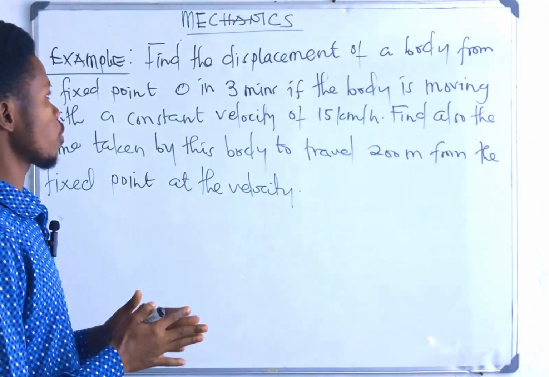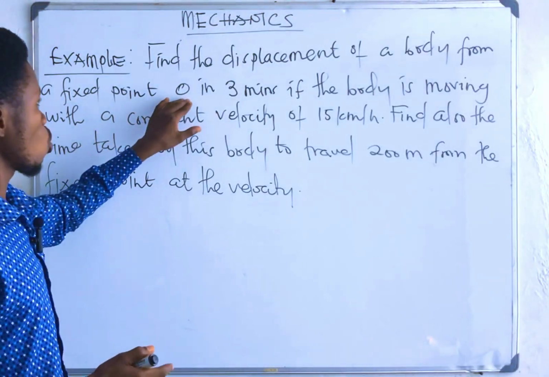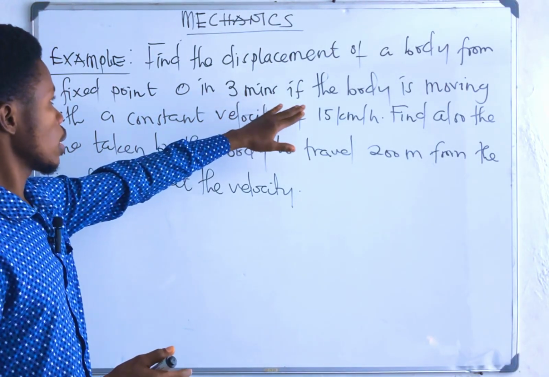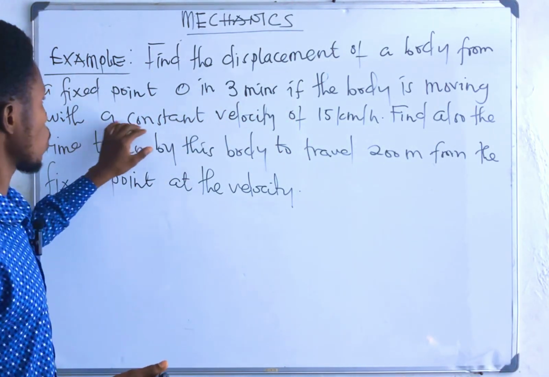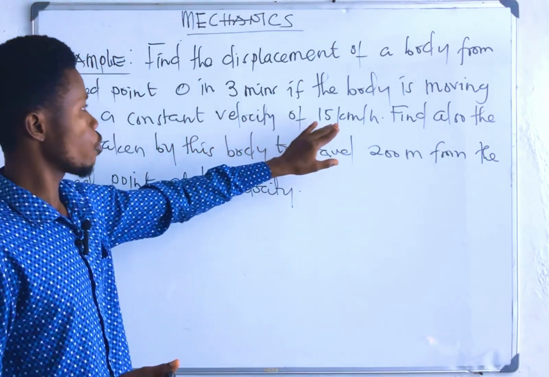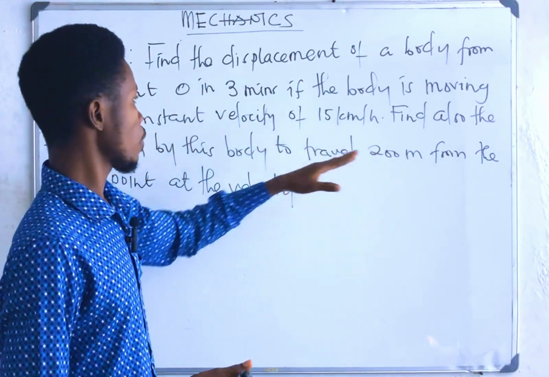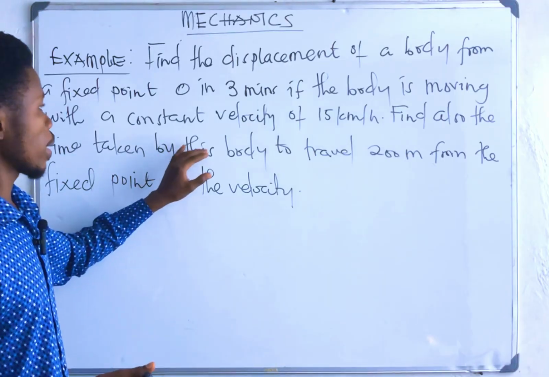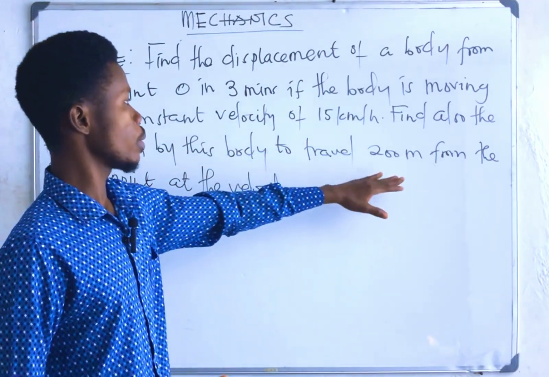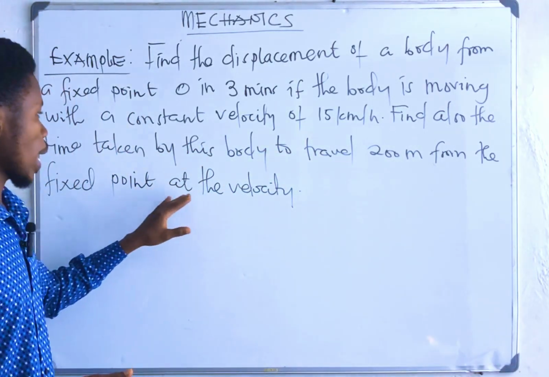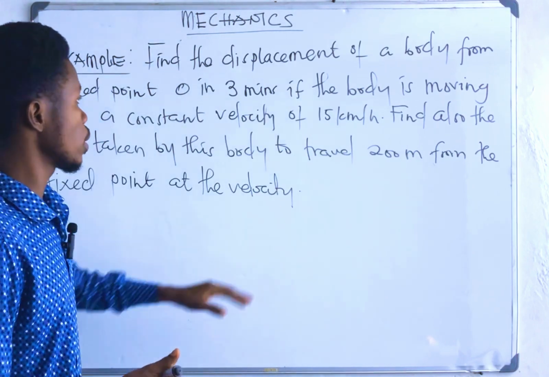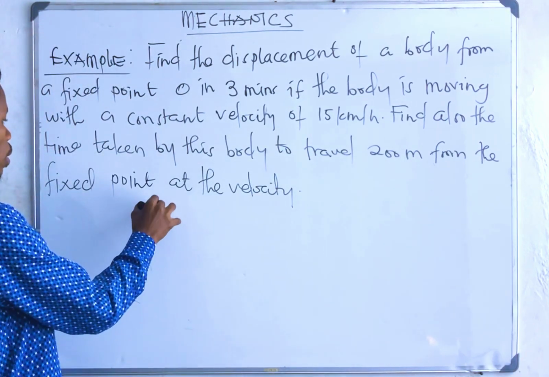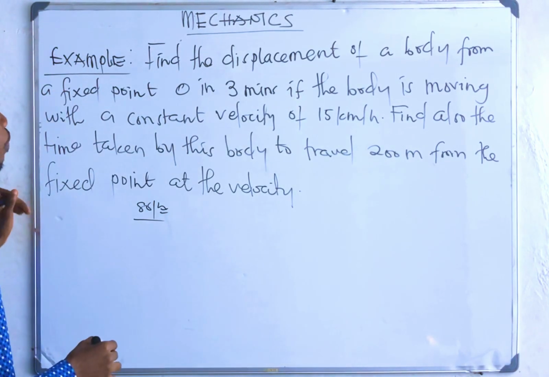Find the displacement of a body from a fixed point O in 3 minutes. If the body is moving with a constant velocity of 15 kilometers per hour, find also the time taken by this body to travel 200 meters from the fixed point at the velocity. Is that okay? So here, let's see how we can do this question.